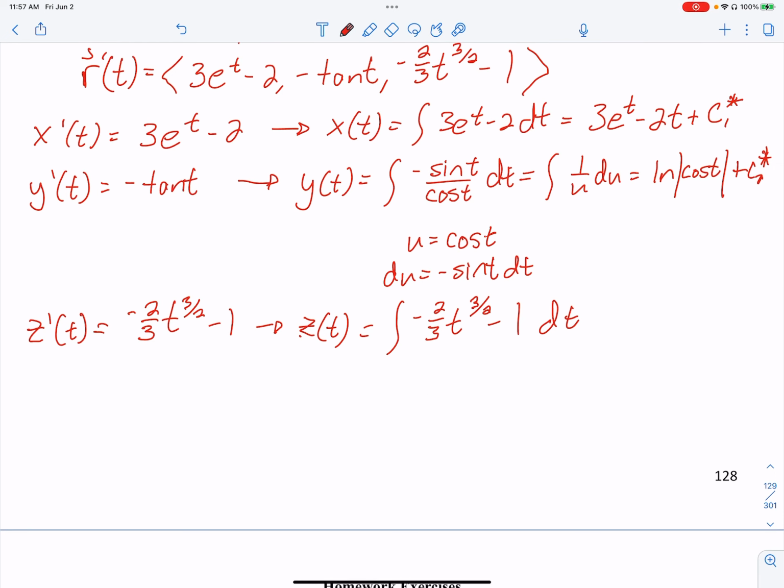So if I raise the new power, it is 5 over 2. And then if I divide by 5 over 2, it's multiplying by 2 over 5. So we get a negative 4 over 15 t to the 5/2 minus t, and we also have a c3 star.